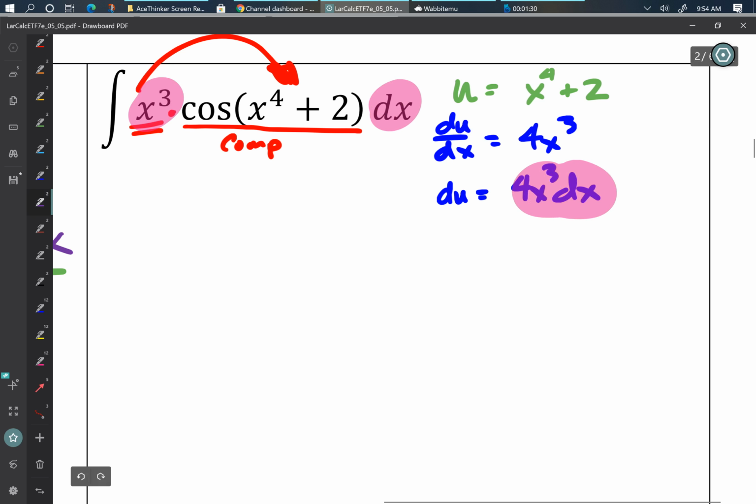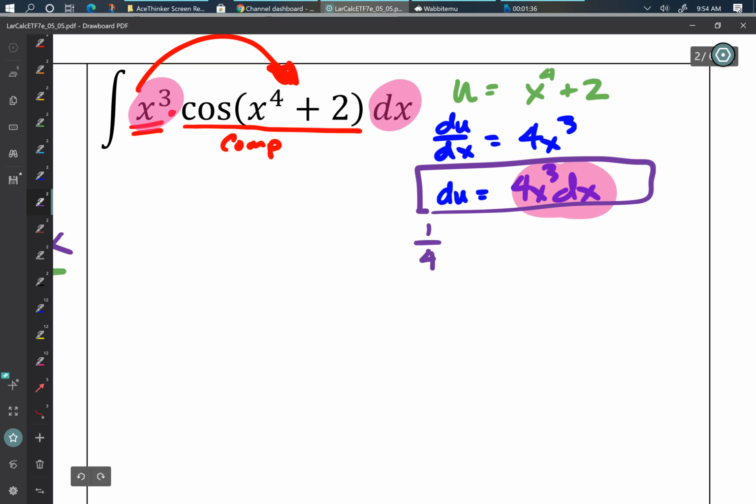But that's okay. With a little bit of algebra, I can take this line right here, divide both sides by 4, and say that 1/4 du is equal to x cubed dx. And now I have the piece that I need to do the substitution.